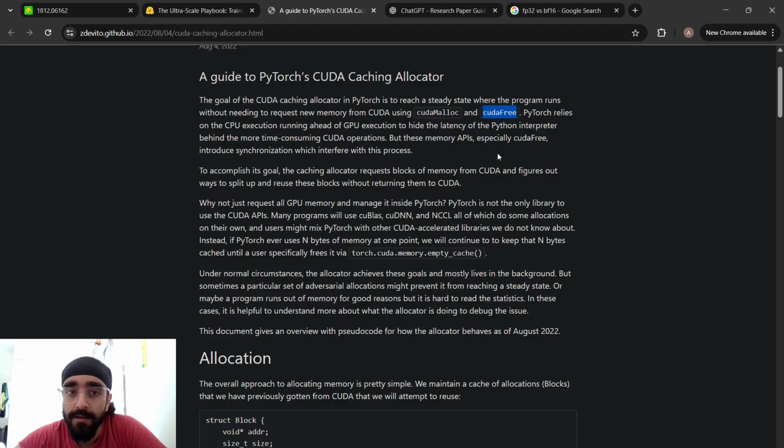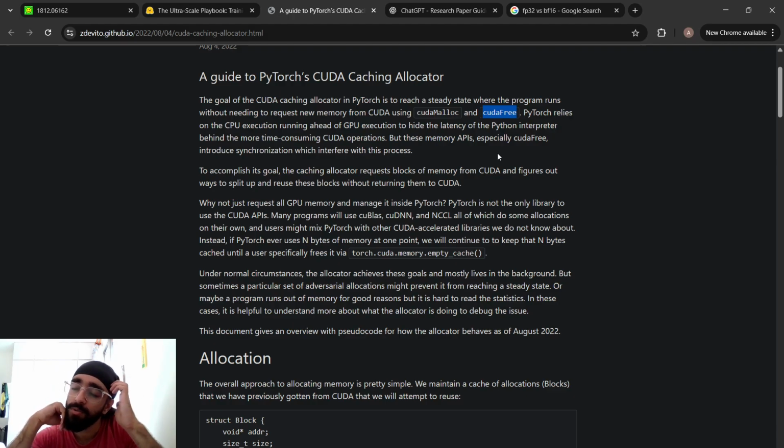So once PyTorch requests memory blocks from CUDA, it figures out that in subsequent steps it will reuse these blocks.